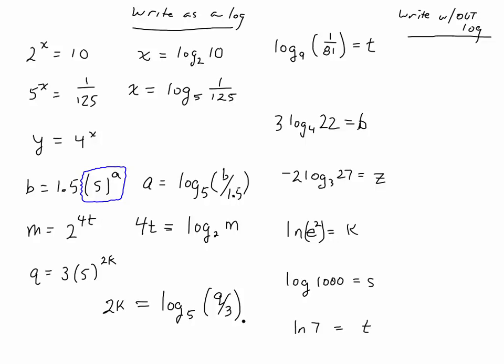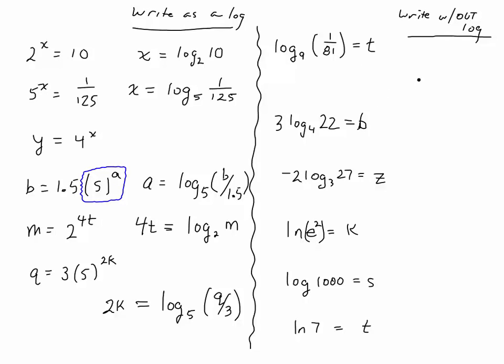All right, now these are writing without a log. Okay, so over here we're writing without a log. So how about Brian? Log base 9. So how can you describe what t is here? So t is the exponent of 9 that would give 1 over 81.